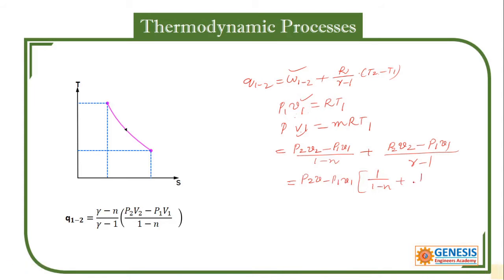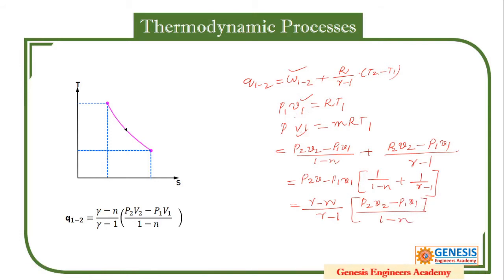If you take the LCM, you will have, if you observe that one, so this may become (gamma minus n) by (gamma minus 1) into (P2 V2 minus P1 V1) by (1 minus n), as we got it for work done.